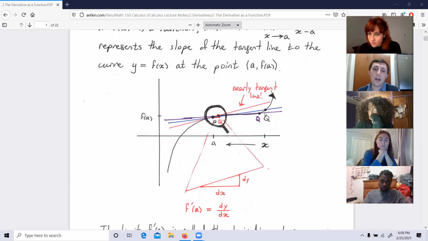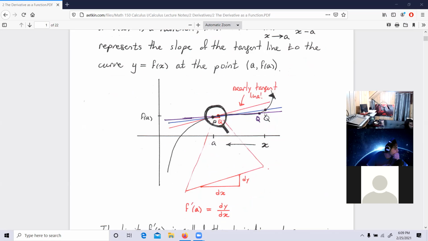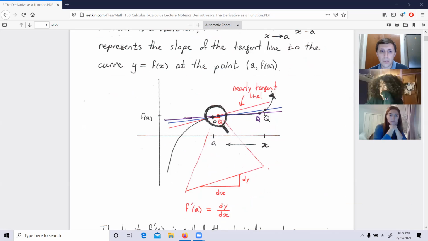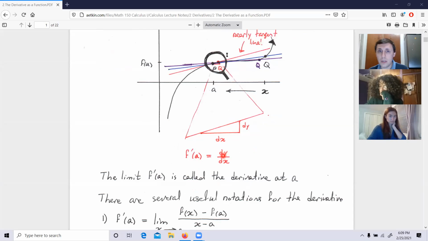Leibniz had a much better notation. The prime notation is Newton's notation. Good. Leibniz had the notation dy over dx. Good.